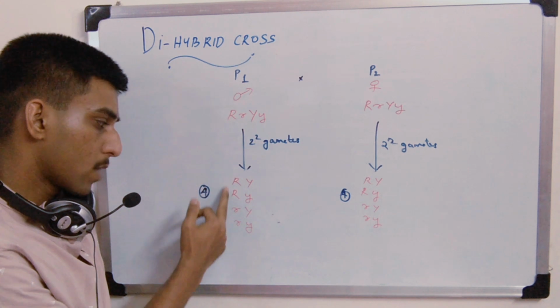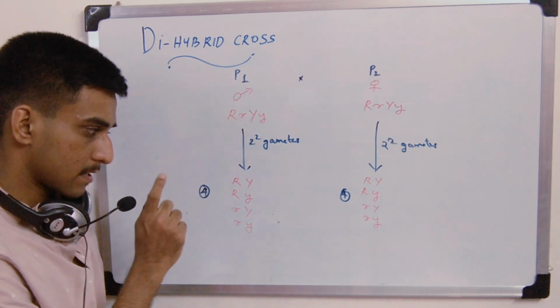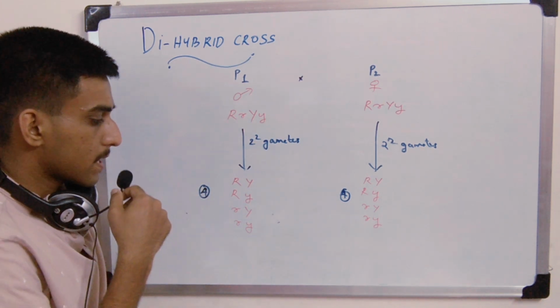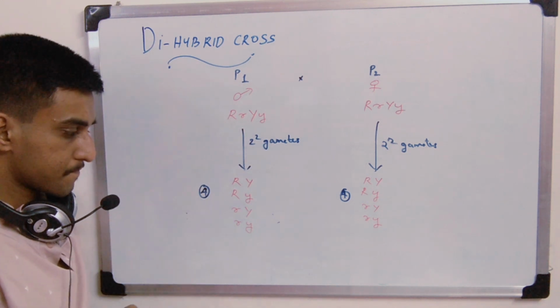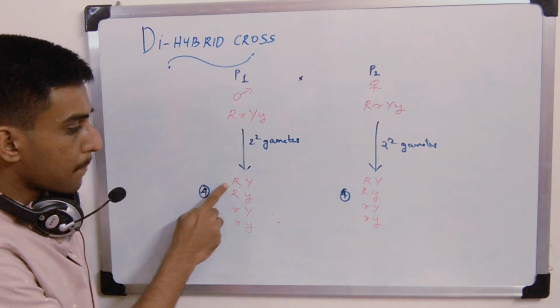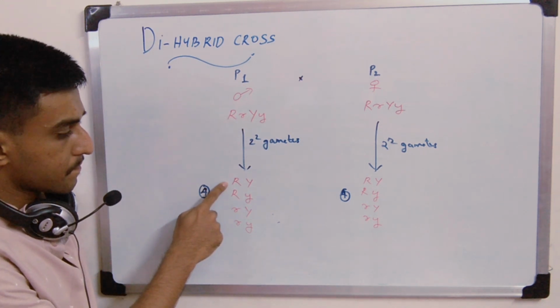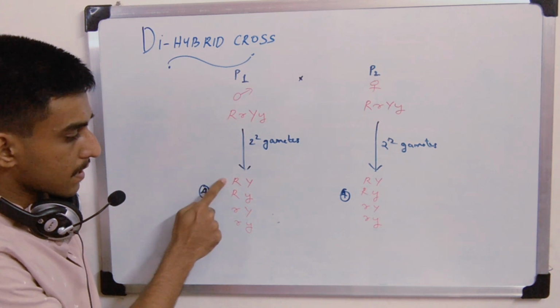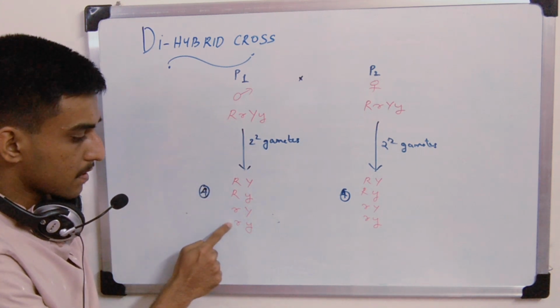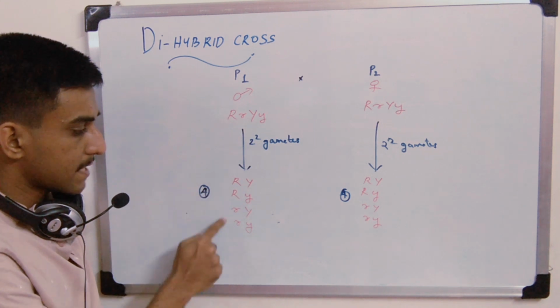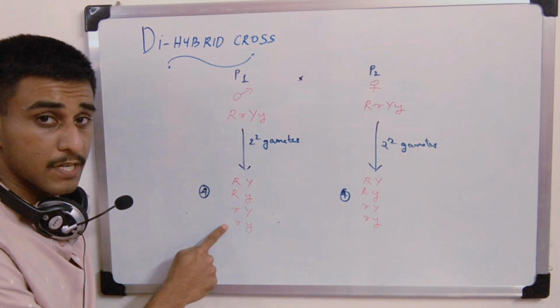Actually, if we look at these four gametes, we should understand something: that capital R capital Y and small r small y were the gametes of the parental generation.